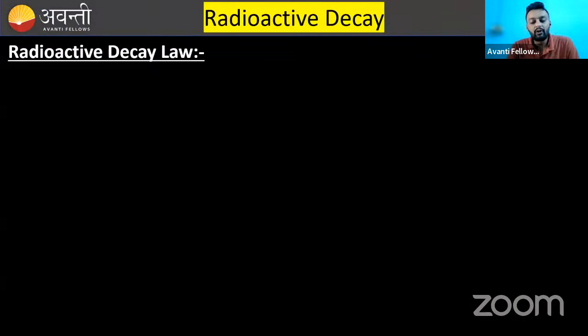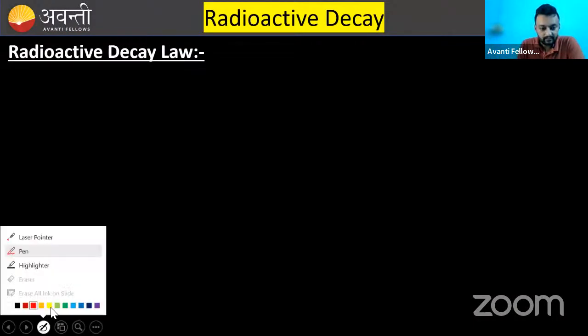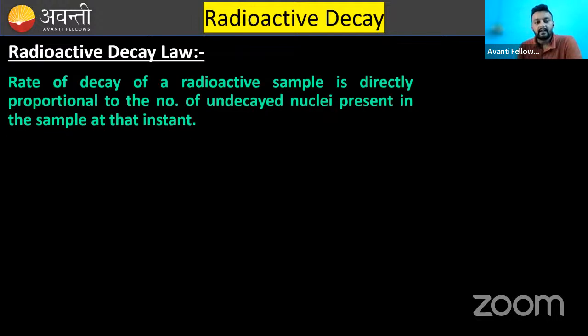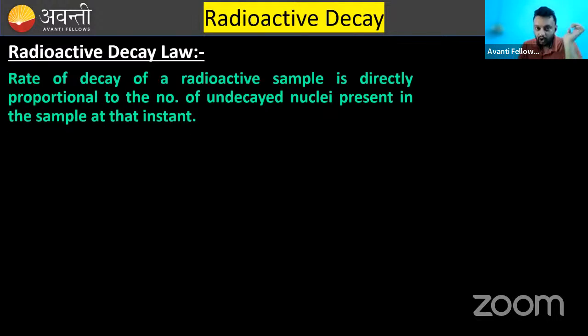What is the radioactive decay law? So we will start with that. Radioactive decay law: what does it say? The rate of decay of a radioactive sample is directly proportional to the number of undecayed nuclei. It might be a little bit confusing, so let's suppose I have a sample of radioactive material from which alpha, beta, gamma emissions are taking place.